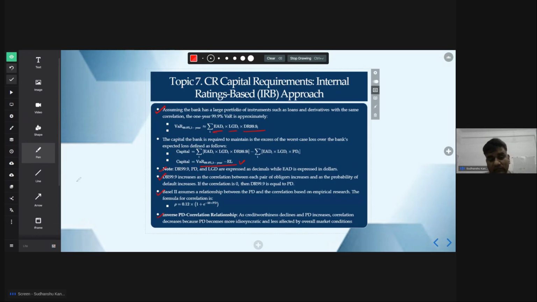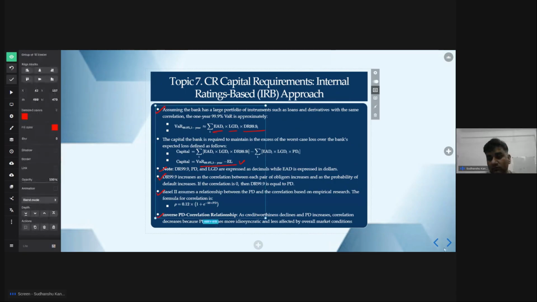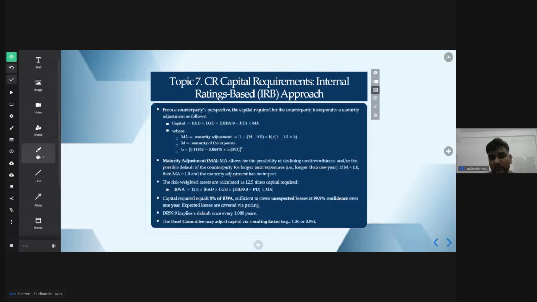And then you look at your maturity adjustment. Why maturity matters? Because longer maturity implies greater exposure to credit deterioration. You look at your MA scale, which will come ahead. So what we see here is there is something called maturity adjustment.